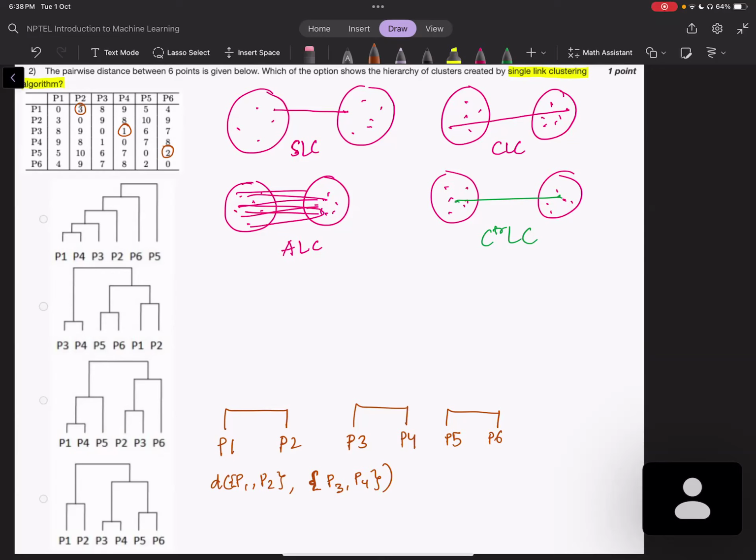We need to find the distance between the closest two points. So go to P1 and P2 and find the distance from P3 and P4. P1 to P3 is the first one. Okay, I'll just erase this in a second.